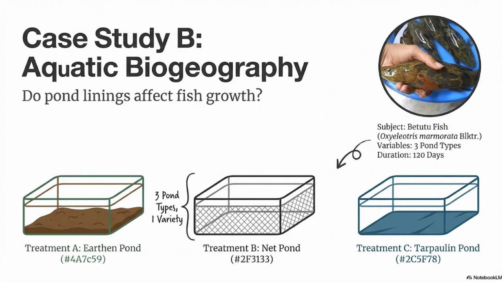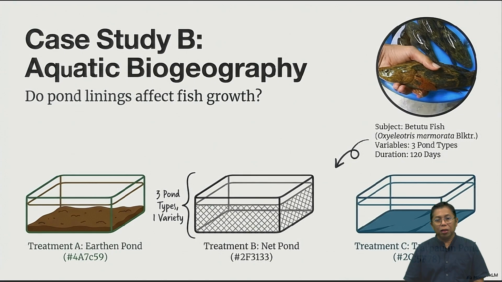Let's focus on aquatic biogeography. The main question here is, do different pond linings affect fish growth? The subject of the study is betutu fish. The experiment was conducted for 120 days.